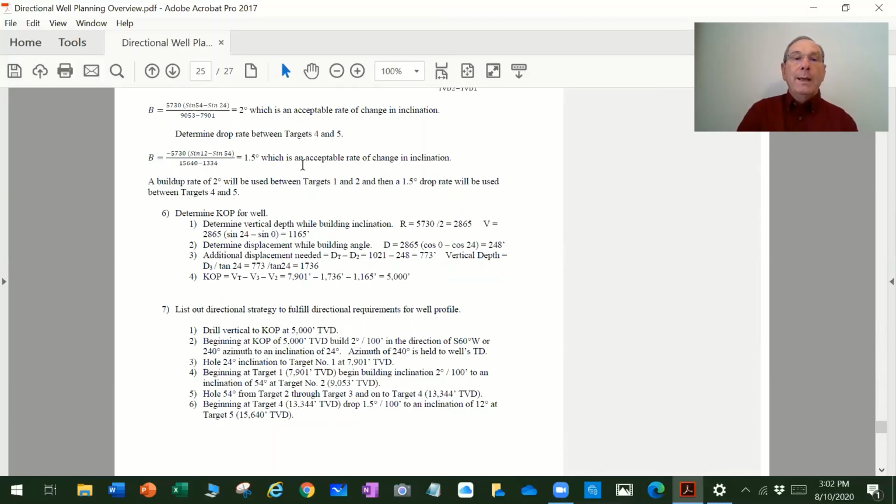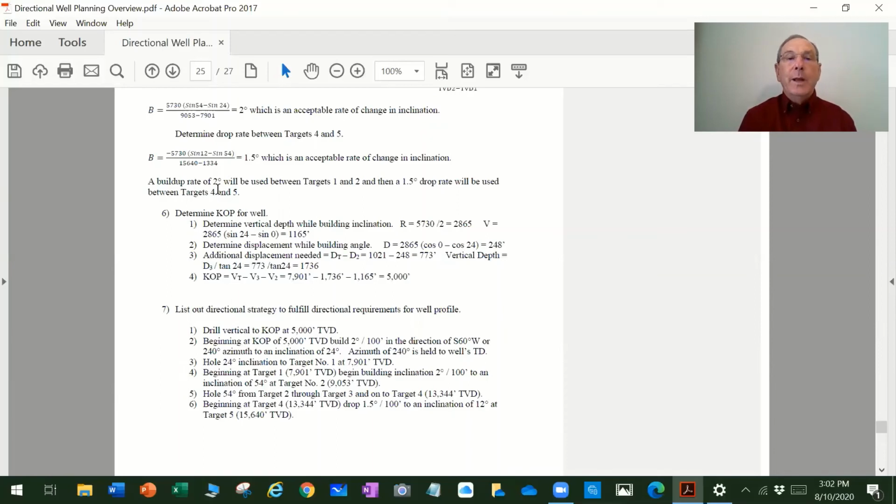So we know the two build rates that we're going to use between target number 1 and target number 2, and target number 4 and target number 5. So a build rate of 2 will be utilized between target number 1 and target number 2, and we're going to use a 1.5 degree drop rate below target number 4.